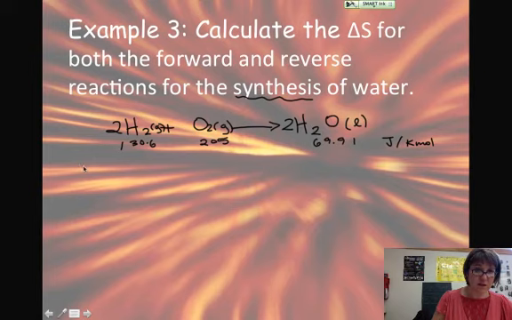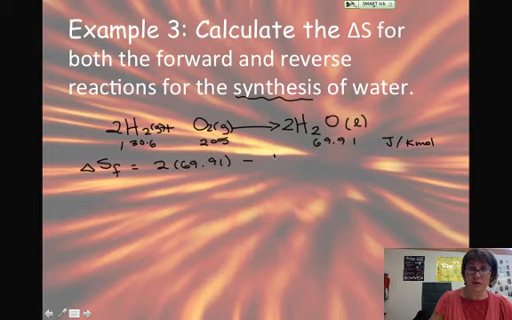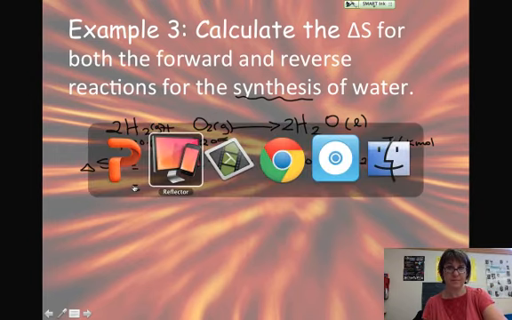So now let's calculate delta S for the forward reaction. So I take my products, 2 waters, minus my reactants. So I have to add up 2 hydrogen gases and 1 oxygen. All right, time for a calculator.